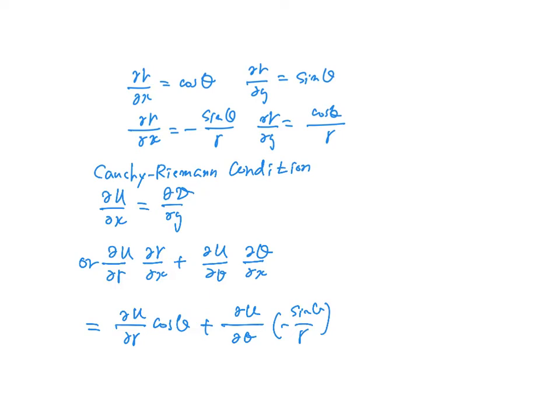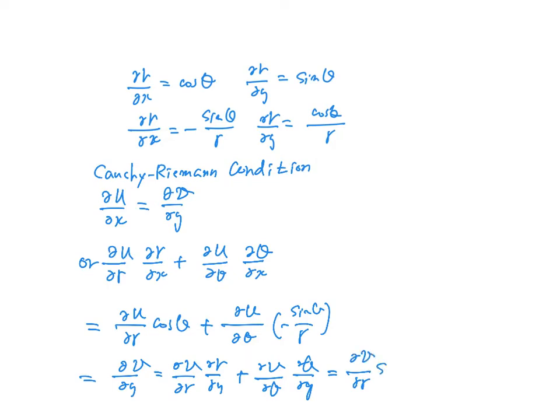This has to be the same as partial y, partial v: partial r, partial v, partial y, partial r plus partial theta, partial v, partial y, partial theta, which is partial r, partial v, sine theta plus partial theta, partial v, 1 over r cosine theta.